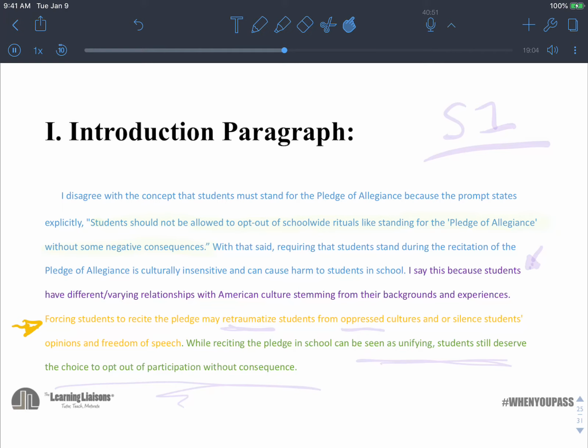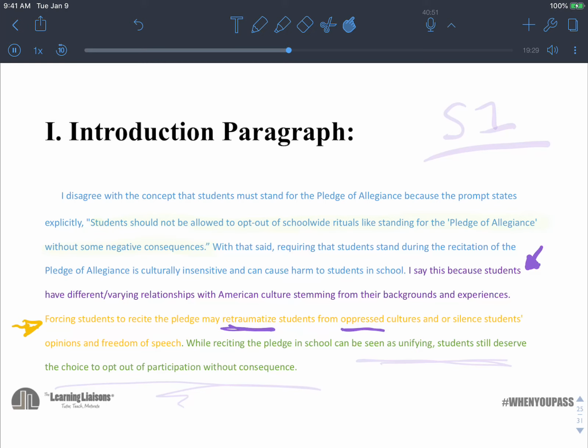Okay? So in subpoint 1, we're saying all students are different and they have different thoughts and feelings. And because of that, they are individuals and they should have the right to decide something like this. Then in the next one, it says, and especially if they're from cultures that have been oppressed, they may be traumatized from this. So that's additional.